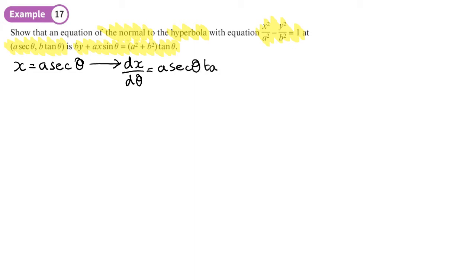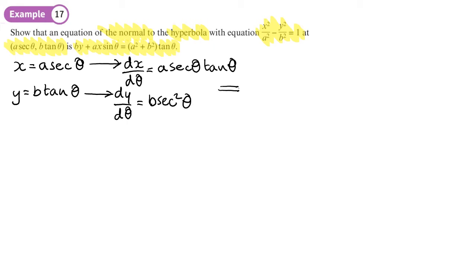Thing is, when you've done lots of these questions, you'll probably begin to remember what they are, and you'll probably know tan because you've done it so many times. So dy/d theta, tan differentiated becomes sec squared.